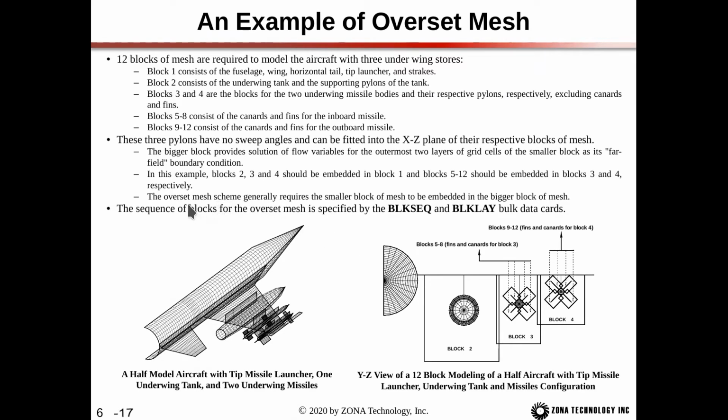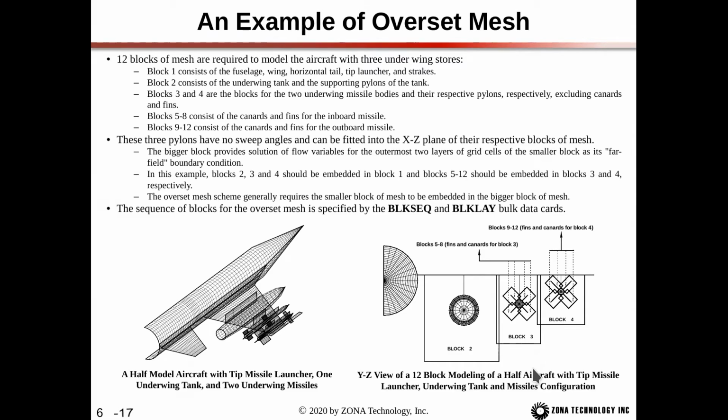So the overset mesh scheme requires that the smaller blocks of mesh are embedded in the bigger blocks of mesh, as we've shown here. We have a very small overlap between blocks 2 and 3. That's okay, because remember, the outer two volume cells of block 2 and the outer two volume cells of block 3 are receiving their flow solution from the main block.